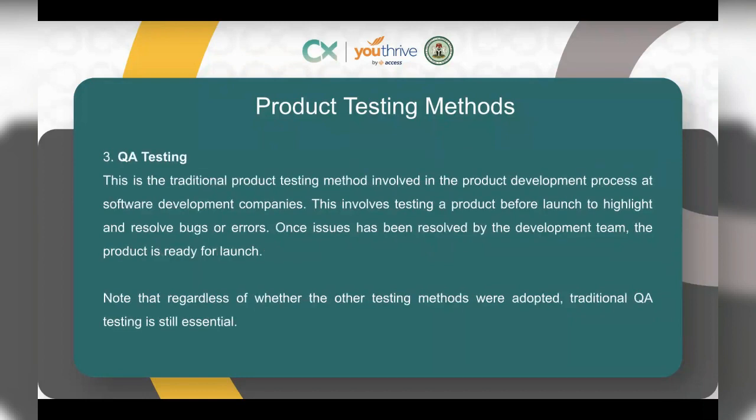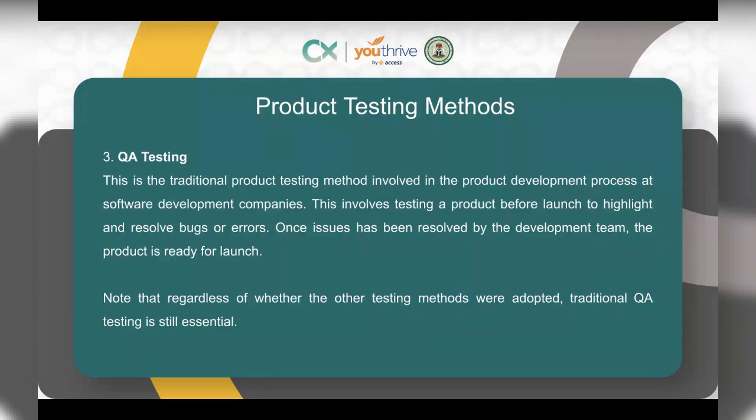Now, QA testing is the 3rd type of product testing, and QA testing is the traditional product testing method that we know, which is testing your product before launch. And regardless of whatever approach, whether agile or waterfall, you must do this QA testing. You must test your product before it launches, even if you've conducted testing during the product development process.